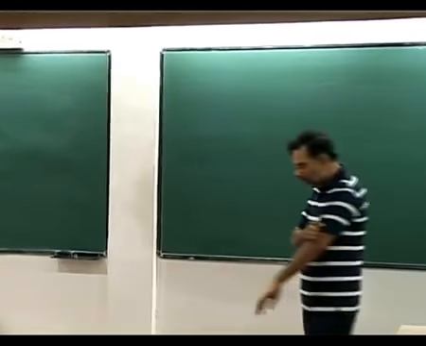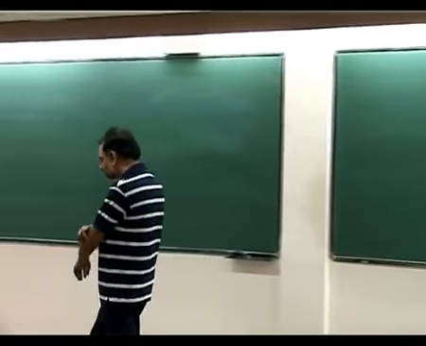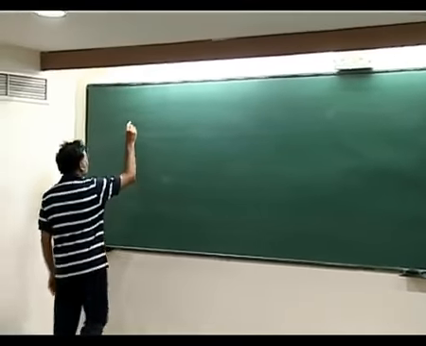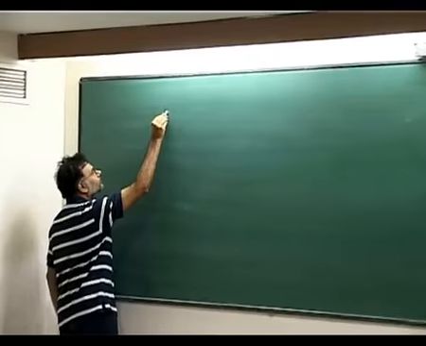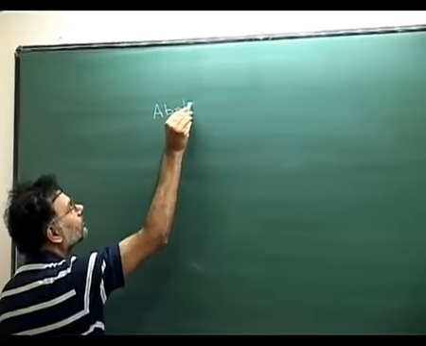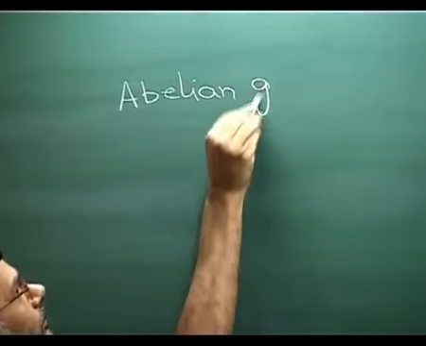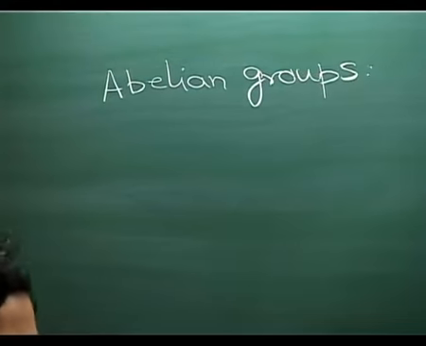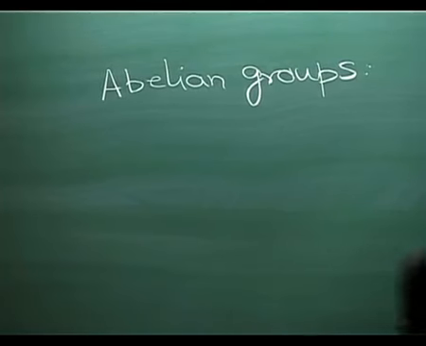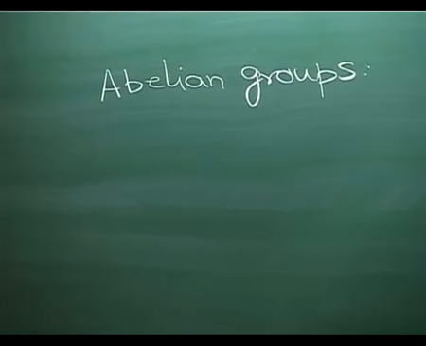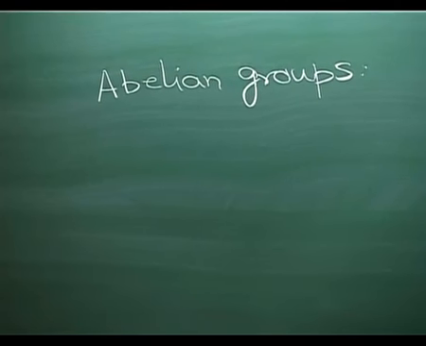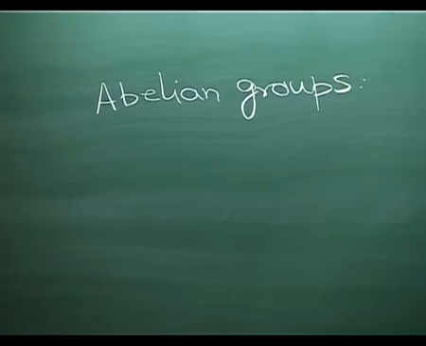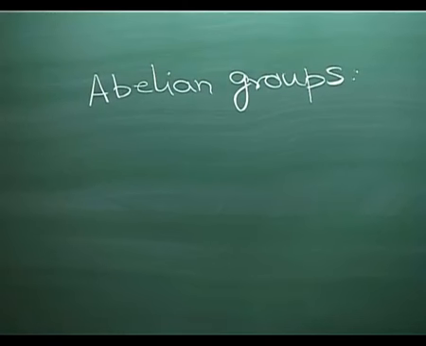So what I want to talk about is a topic in group theory. This is about abelian groups. In a course on group theory, or abstract algebra, the part on group theory generally ends with the structure theorem for finitely generated abelian groups or finite abelian groups.